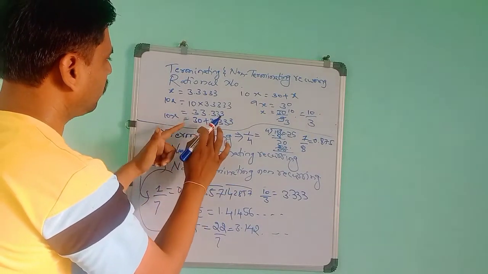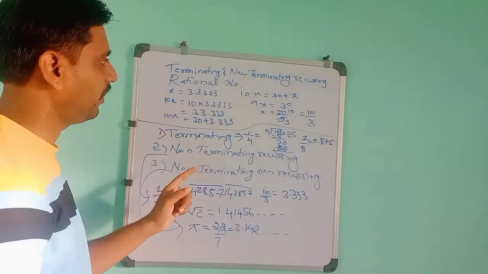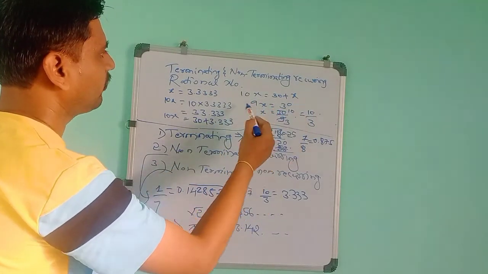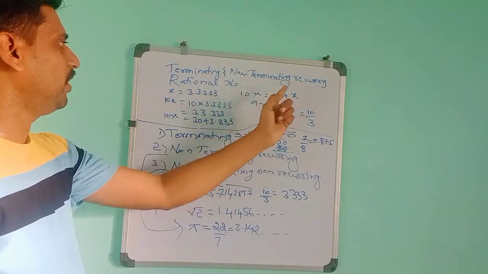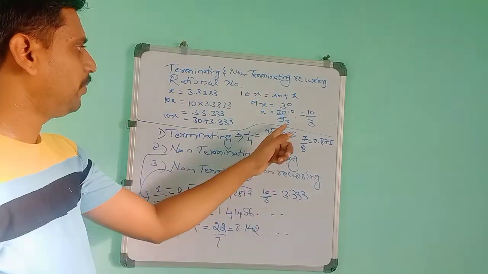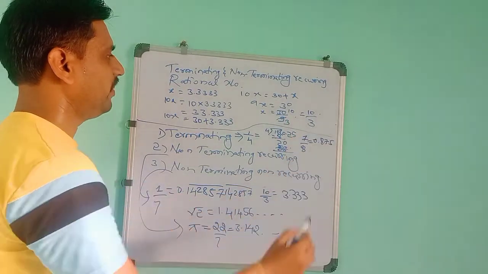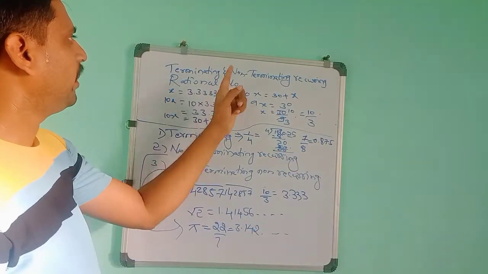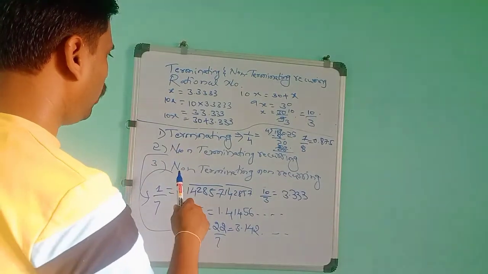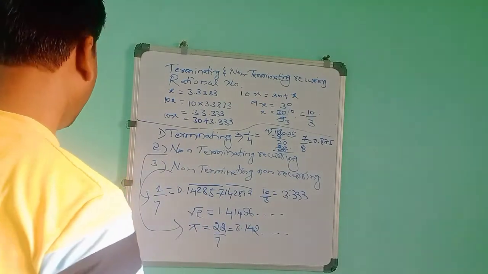So 10x is equal to 30 plus x. This side comes as minus x, so 10x minus x is 9x. 9x equal to 30, x equal to 30 by 9, you cancel it by 3, 3 3s are 3, 3 10s are 10, so 10 by 3 is the rational number. So every terminating and non-terminating recurring number is always a rational number, but non-terminating non-recurring will always be an irrational number.